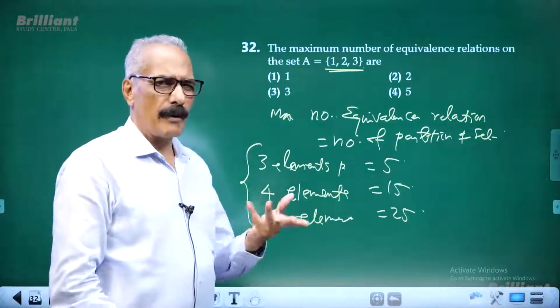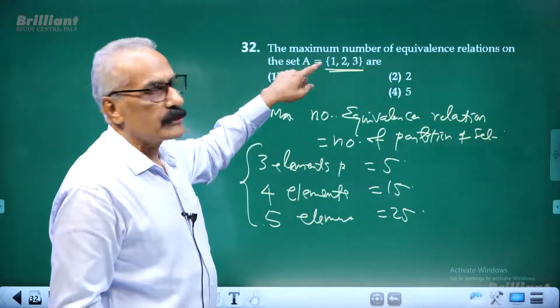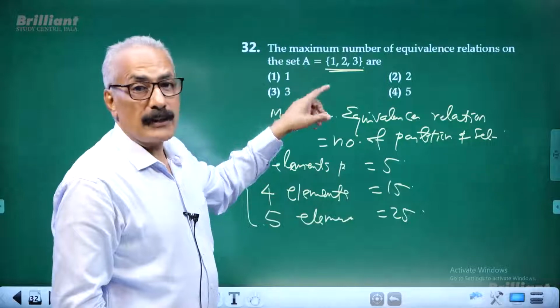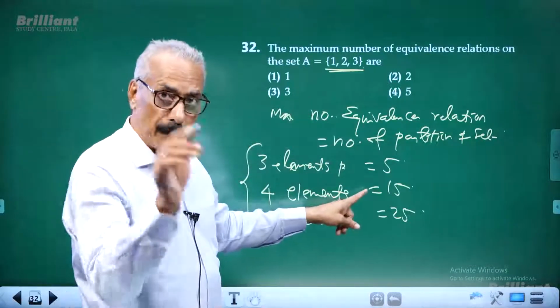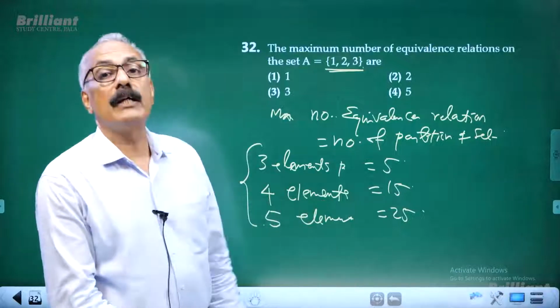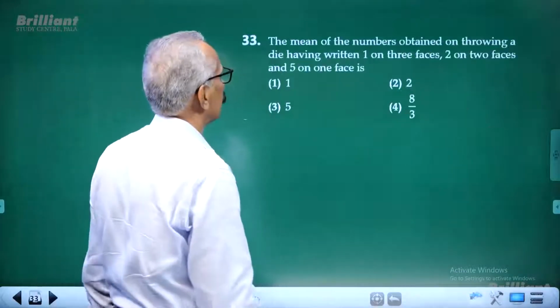Not more than 4 will be asked anyway. So the maximum number of equivalence relations on a set of 3 elements is 5, on a set of 4 elements is 15, and on a set of 5 elements is 25. Keep in mind. Well, move on to the next.